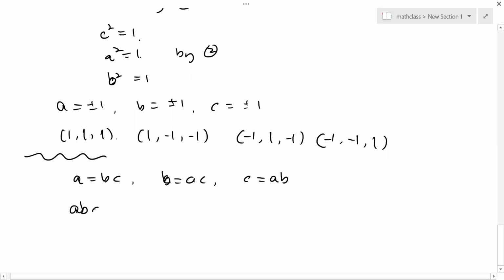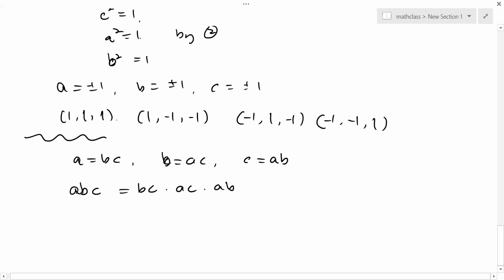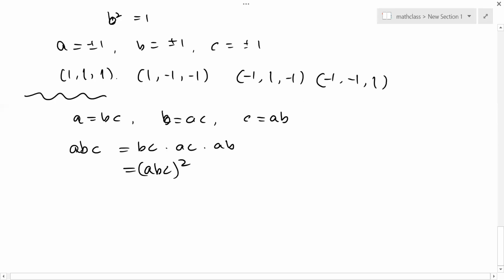You get ABC on the left, and then BC, AC, AB on the right. When you have 3 similar equations, we don't use substitution yet. That's a middle step usually. You find ABC first, so you will get ABC squared. So you have ABC equals ABC squared.